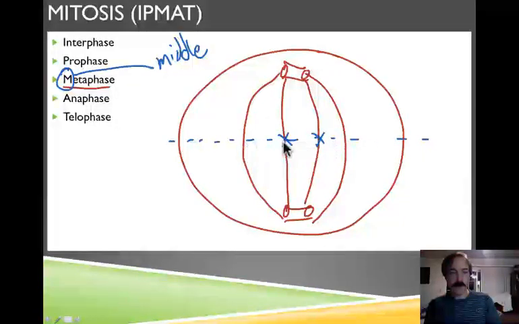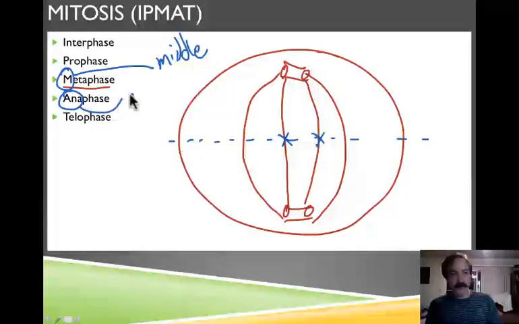Notice they're sitting right on the equator, or the midline of the cell. That's how you know the cell has reached metaphase. So in prophase, we broke down the nucleus, and the spindle apparatus started forming and pulling the chromosomes around, and then in metaphase, it has finally pulled the chromosomes to the midline. Now anaphase, okay?